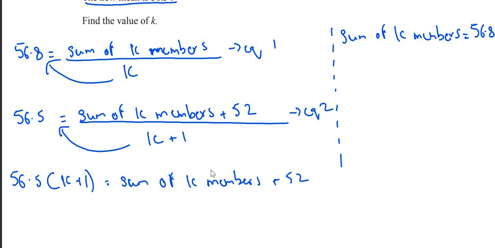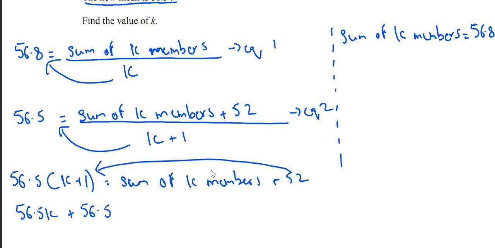So 56.5 will first multiply with k, it will become 56.5k, plus 56.5 will multiply by 1, it will become 56.5. We will shift 52 over there. So this will become minus 52 is equals to sum of k members. Alright, make sure your algebra game is strong.